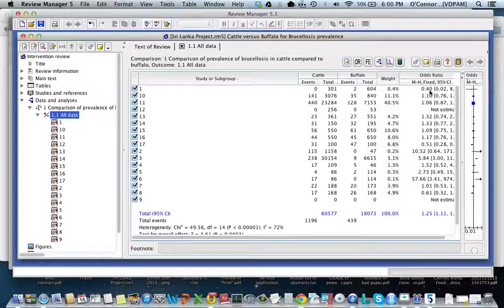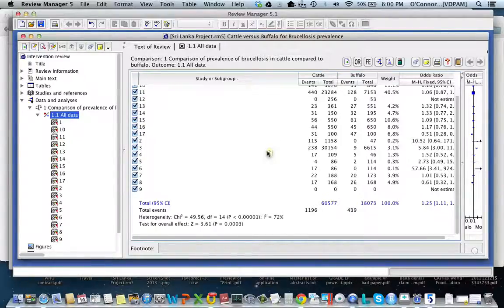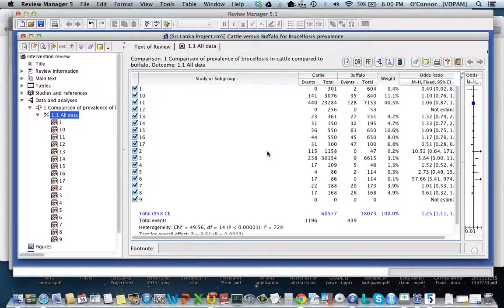But before we do that, we have to make the assumption, or evaluate whether the idea, that all the studies are actually being drawn from the same population is valid. Because there may be clinical or methodological sources of heterogeneity in these 17 studies, which means that they're actually not estimating the same thing.